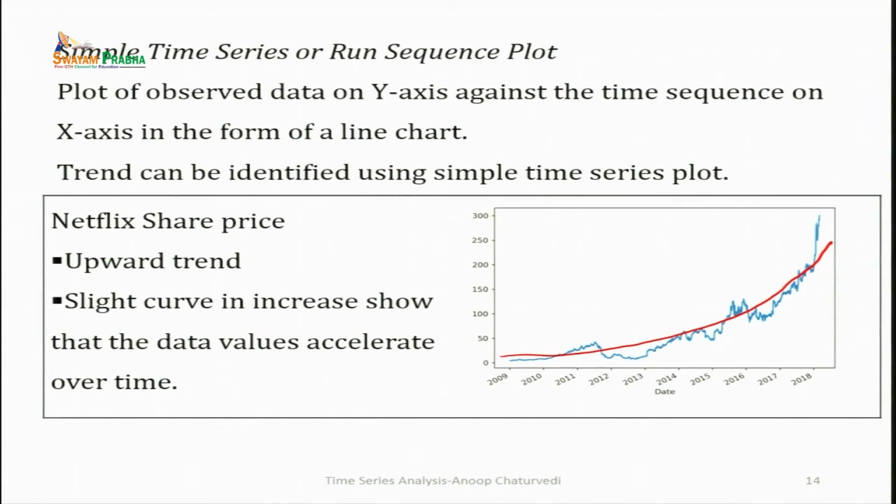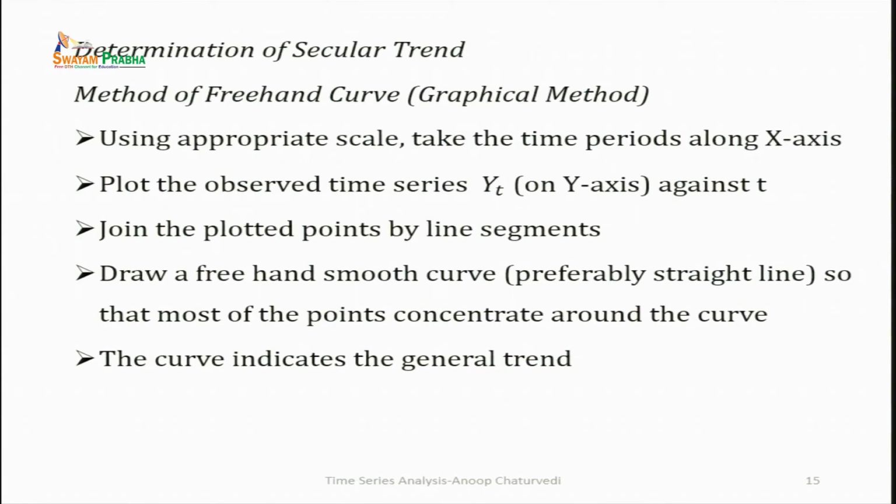So, it shows that the data values accelerate over time. So, what we observe is it has increasing trend, the trend is non-linear, and with the passage of time the data values accelerate. Now, we consider different methods for the determination of secular trend component.